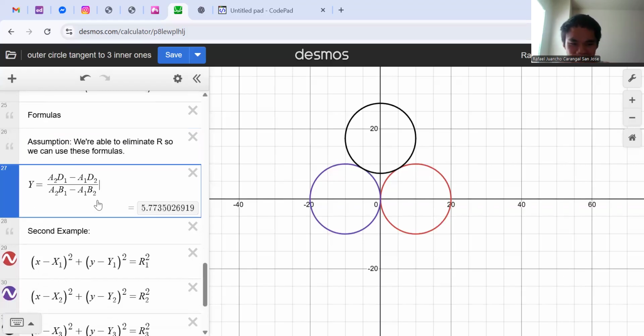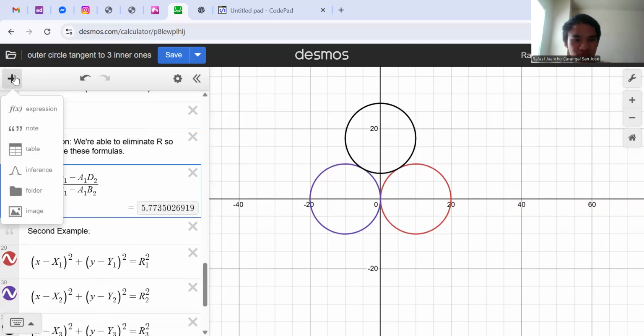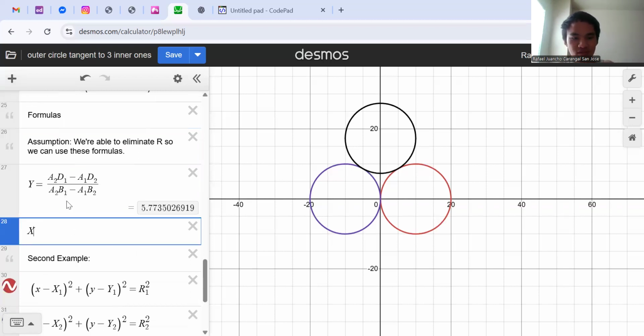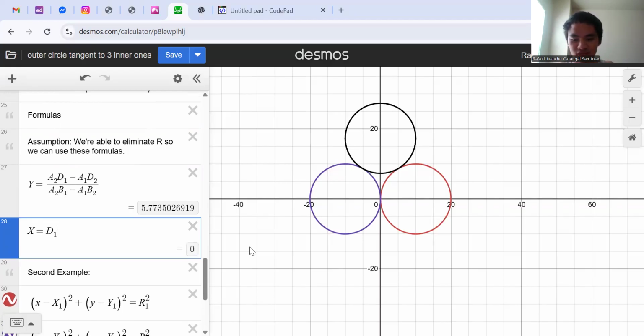Yeah, I think that's the issue here, right? And then for my X, I have the same thing. I'm able to eliminate R. Yeah, that's the assumption.